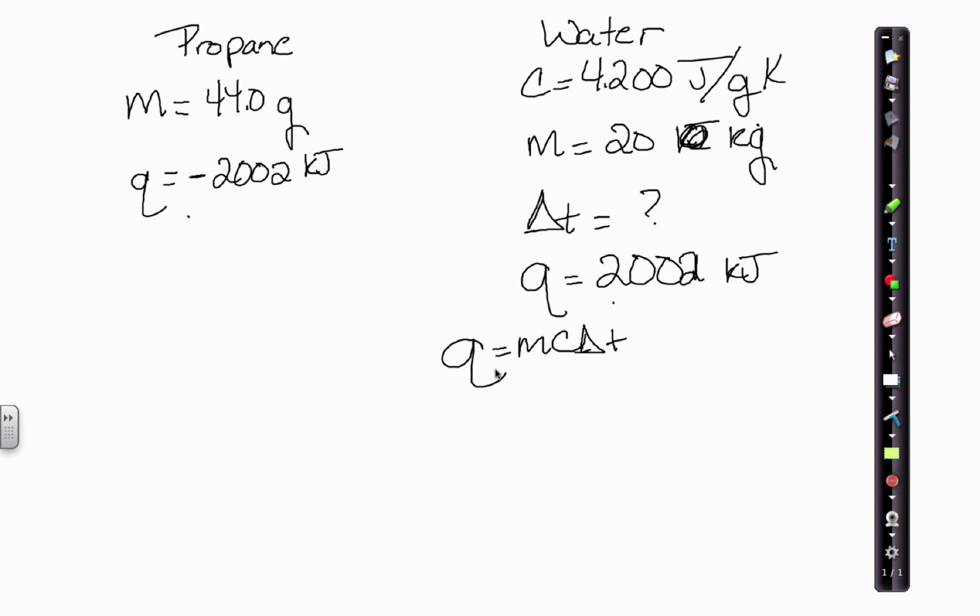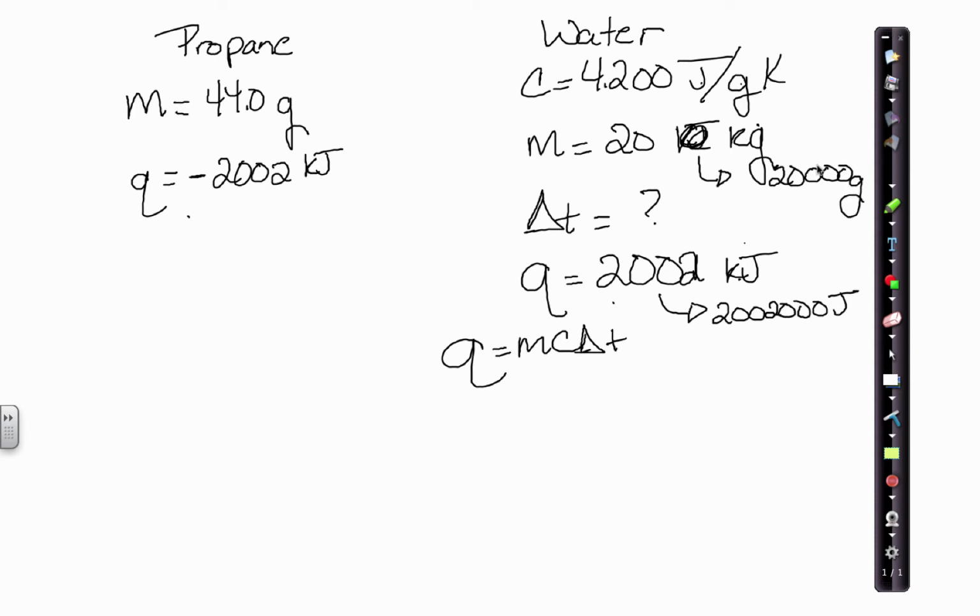All right, so I have to go back and double check my units, make sure everything matches C. So I have joules here, kilojoules here, so I'm going to convert that to joules. There's 1,000 joules in 1 kilojoule. And then also kilograms has to be converted to grams. So 20 kilograms, well, there's 1,000 grams in every kilogram.